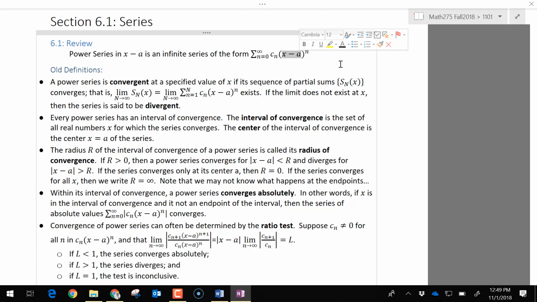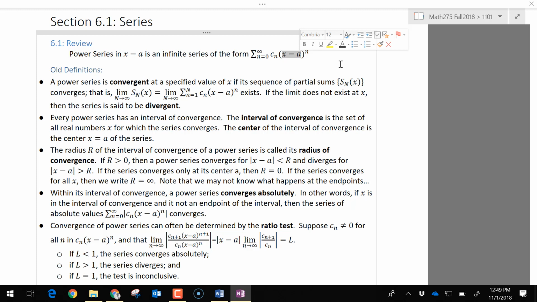Any function that we know of can be written as a power series, and some of them need special cases where it can be written as a power series only for some smaller interval, and not necessarily all of them.